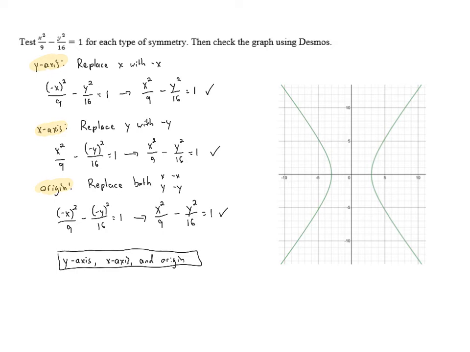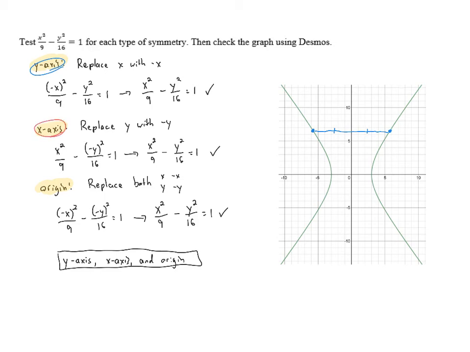Let's start by looking at symmetry with respect to the y-axis. If we pick a point on this hyperbola, we can see that the corresponding point on the other side of the y-axis is also on the graph. And this is true with any point that we pick, so we have symmetry with respect to the y-axis.